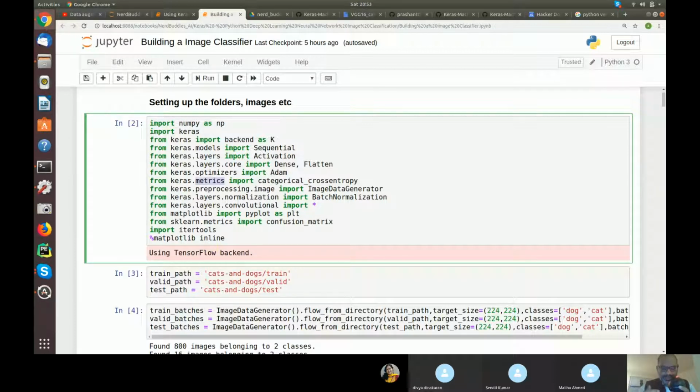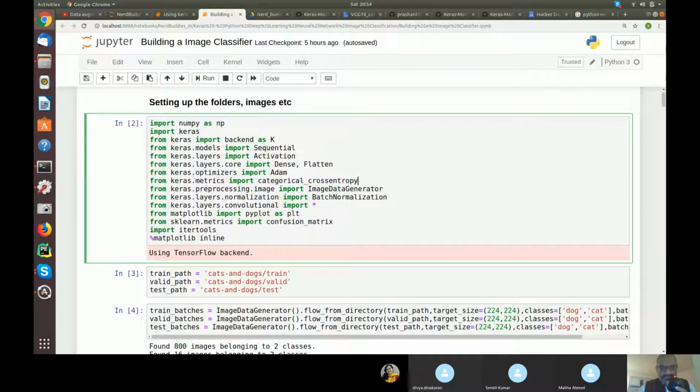There are various ways to measure it. The way that we're using right now is called cross entropy. In case somebody is familiar with logistic regression, that also uses the same.